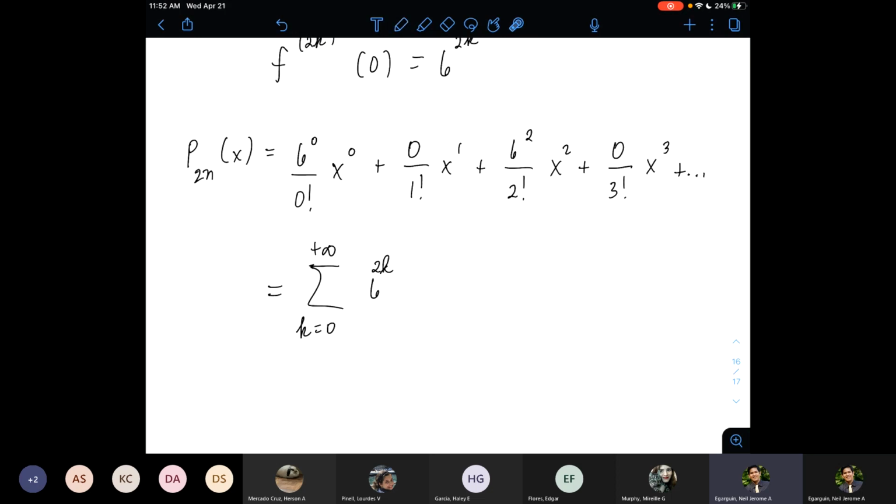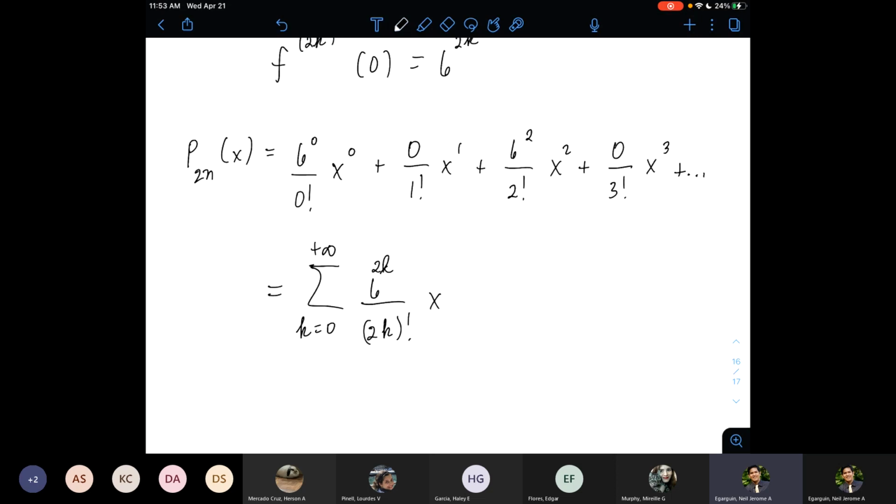Because if k is 0, I'll have 6 to the 0, which is that guy. That's fine. When k is 1, I'll have 6 squared, which is that guy. That's good. All over 2k factorial, because whatever the exponent was, they also served as the denominator factorial.